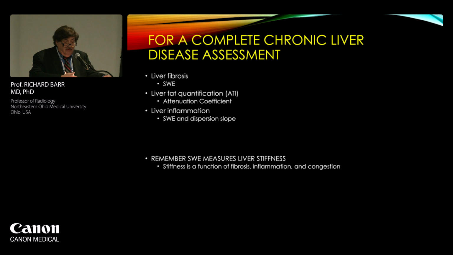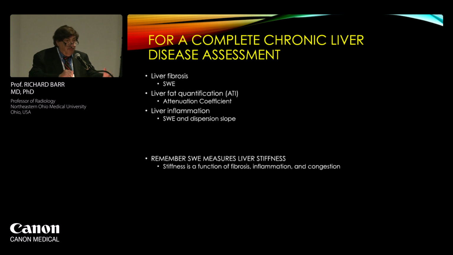Now, briefly to go over what we need if we're going to look at chronic liver disease. There are three things that we really would like to know that hopefully we can do with ultrasound. One is liver fibrosis. We need fat quantification, and we need liver inflammation. So we have shear wave elastography that we can look at fibrosis, liver fat quantification. Dr. Ferraioli is going to give us a talk on where we're at with attenuation imaging.